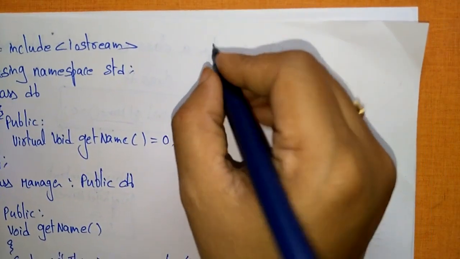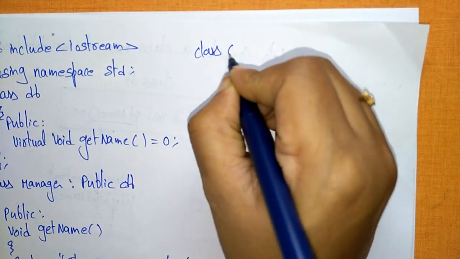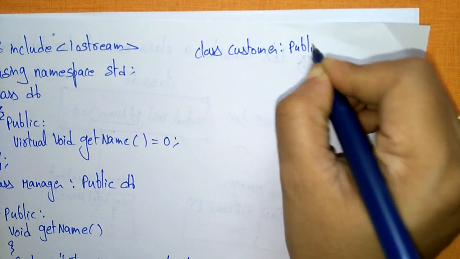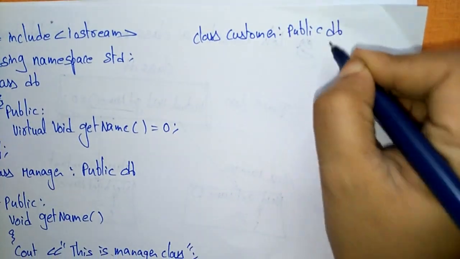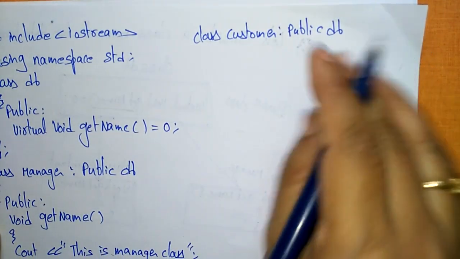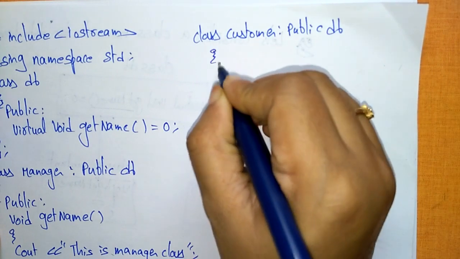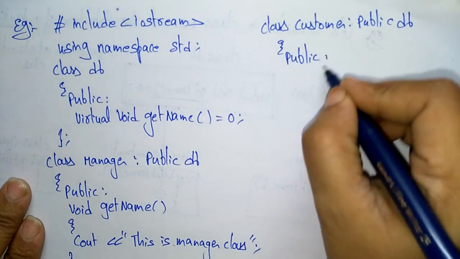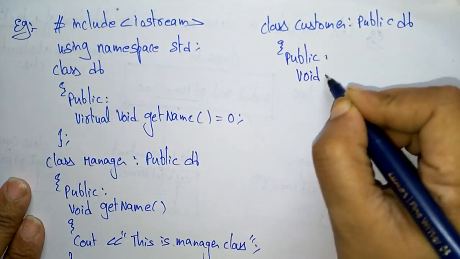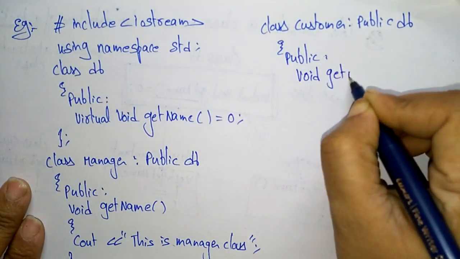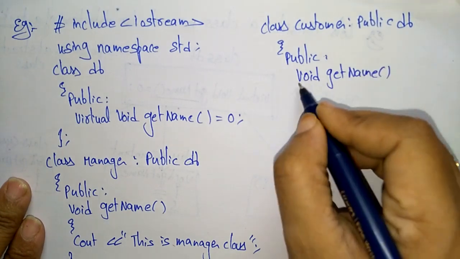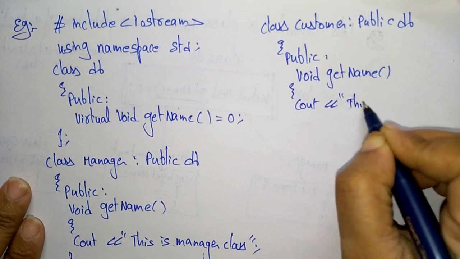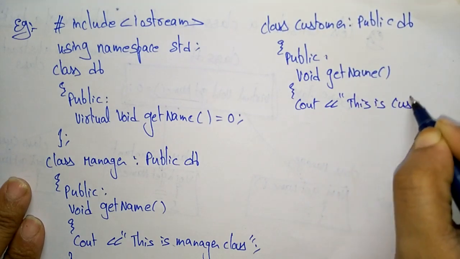Now take the customer class. Customer is the derived class, and public database is the base class. Now writing the definition of the getName function for customer. What it prints is cout, this is customer class.